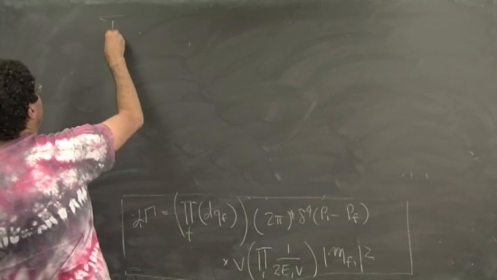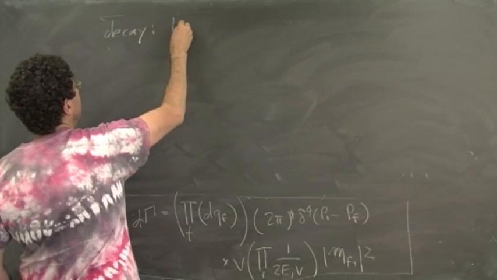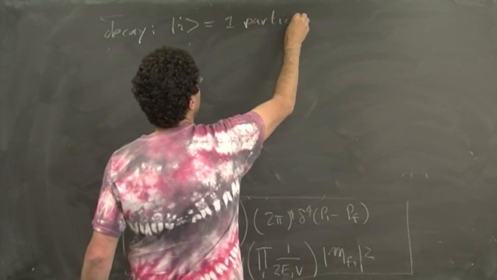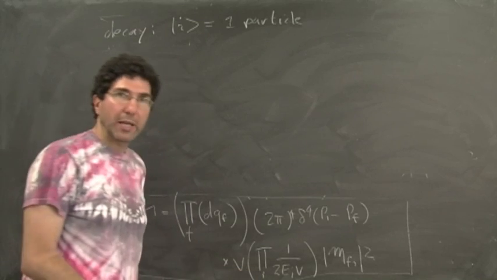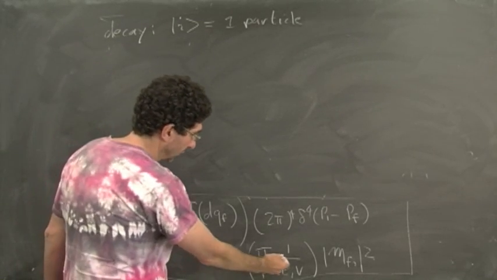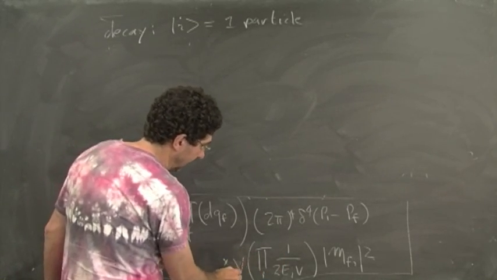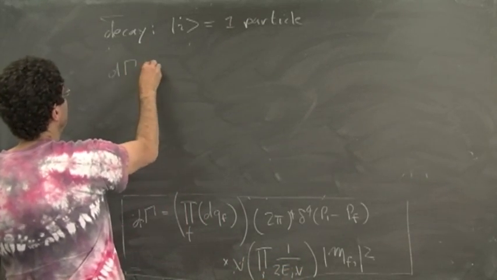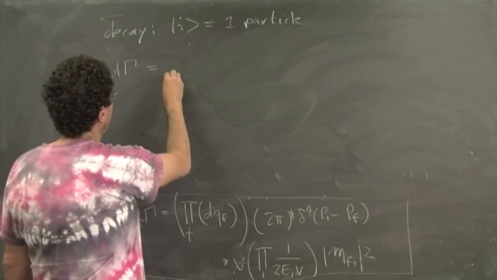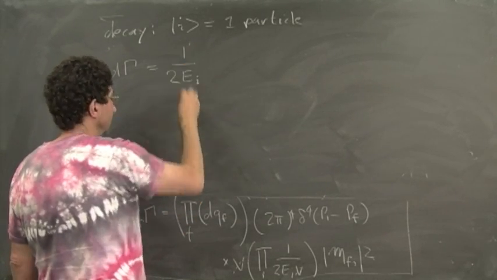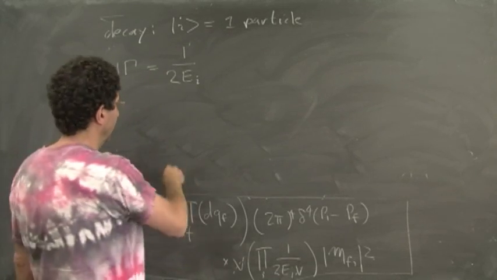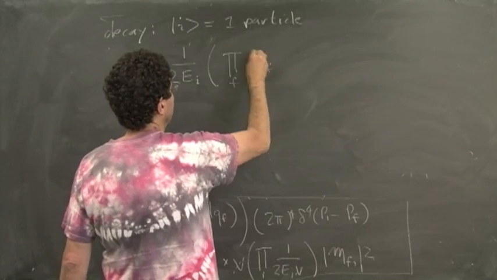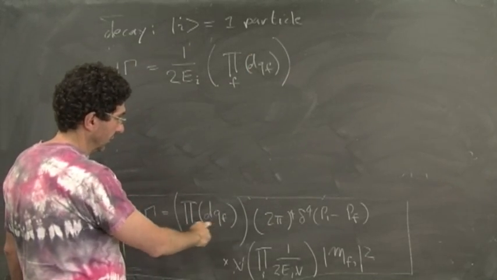Decay is the case where the initial state is a one-particle state. It's just one particle in the initial state. So that means I only ranges over one thing, and in that case this V does cancel that V. So our differential rate can just be written as 1 over 2E_I, and then we have our final state phase space factor, QF, one of these for each particle.